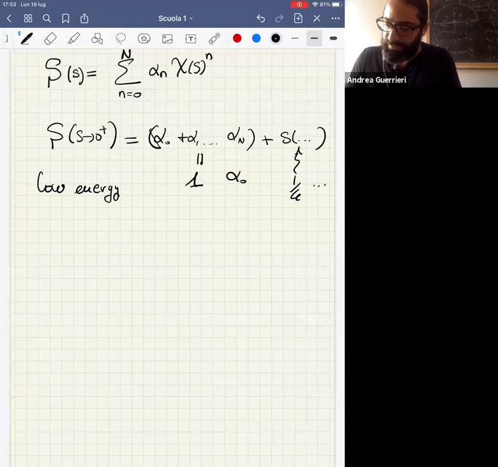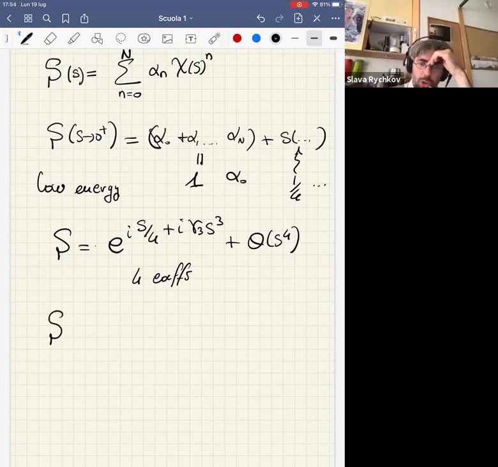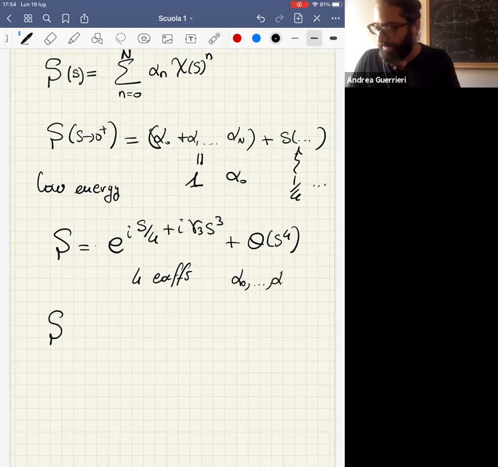In our case, the order that we want to impose this low energy behavior is the expansion of this exponential up to order s to the 4. So we'll have 4 coefficients to tune in this case. Which 4 coefficients? For instance, alpha 0 to alpha 3.